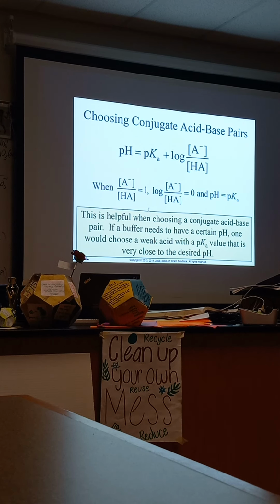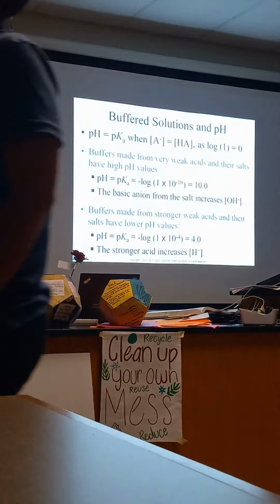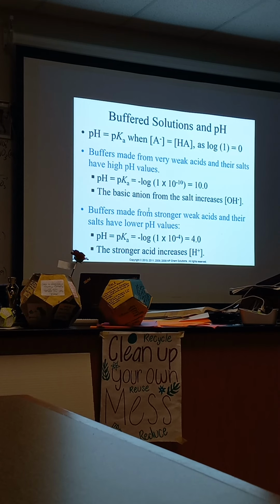Well, no, you usually will have a target pH that you want. And so you're going to pick something with a pKa that's close to it. So pH equals pKa when A minus equals HA, because the log of 1 is equal to 0.